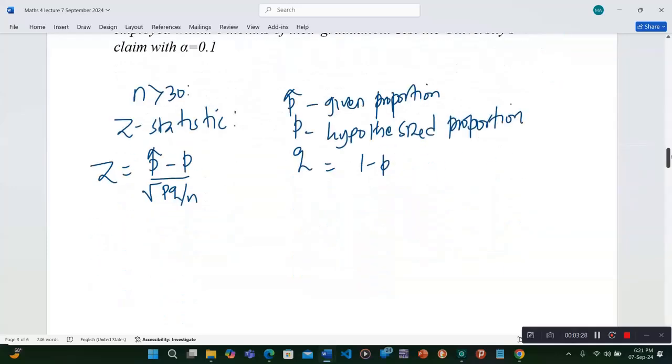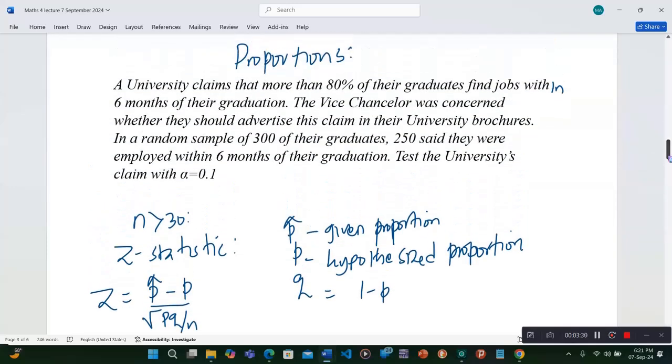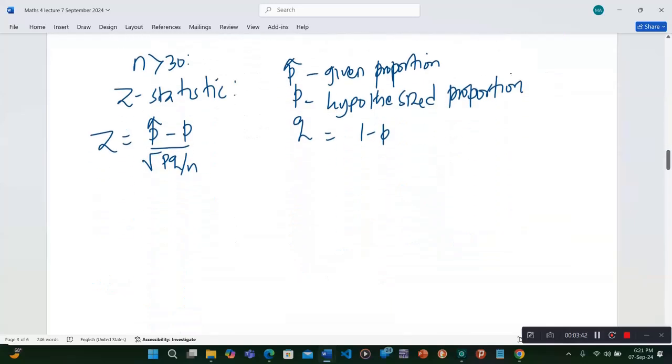But from this problem, we are told that the claim is that more than 80%. So that means the proportion that is being hypothesized is 0.8 or 80%. That means our P from here is going to be 80%.